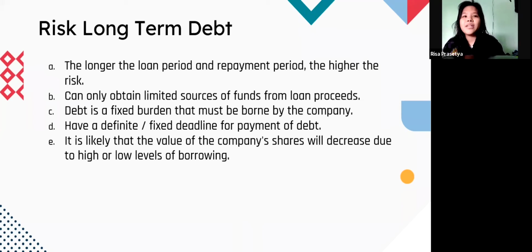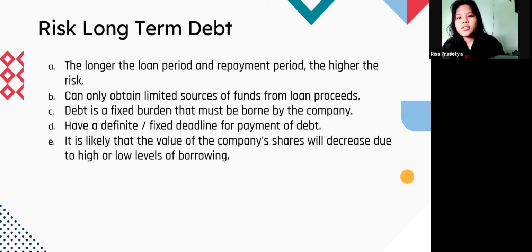Having long-term debt is not only profitable and can provide benefits to the company, but also has some risks. Some risks of long-term debt include: one, the longer the loan period and repayment period, the higher the risk. Next, you can only obtain a limited source of funds from loan proceeds.